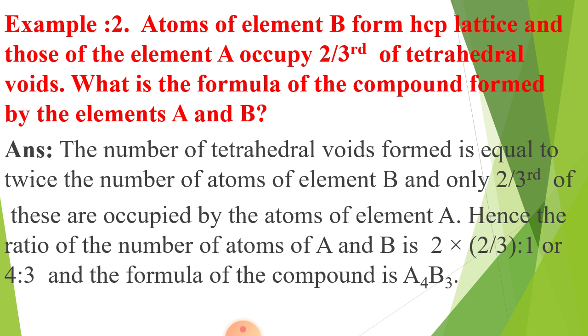But here only 2/3 of these are occupied by atoms of element A. Hence, the ratio of the number of atoms of A and B is 2 times 2/3 is to 1, or 4/3, that is 4 is to 3. And the formula of the compound is, now 4 belongs to A and 3 belongs to B, so the formula becomes A4B3.